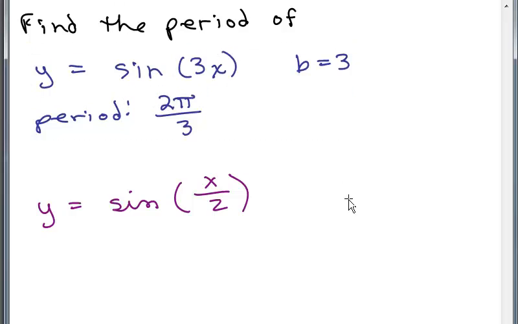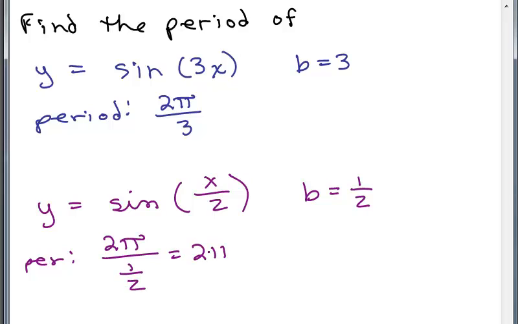All right, now, second one. Y equals the sine of x over 2. What's b in this case? Be careful. What's the coefficient of x? You have to think of x over 2 as 1/2 x. So b is not 2, it's 1/2. So the period is 2 pi over b. Now, if you wrote it as 2 pi over b, it would look like this complex fraction.